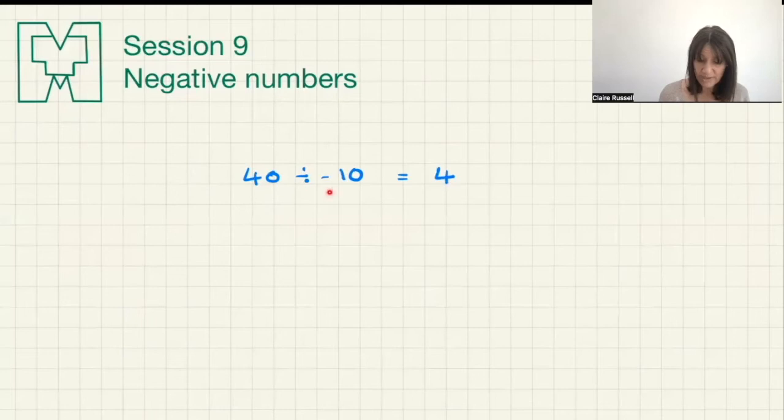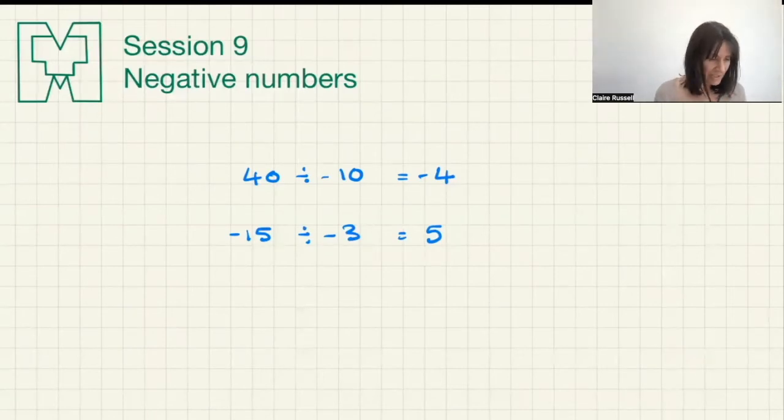There's one negative in the question, so there's one in the answer. And if you've got that right, well done. So -15 divided by -3. Hit pause, press play when you're ready. Okay, how many 3s in 15? 5. And then two negatives make a positive.